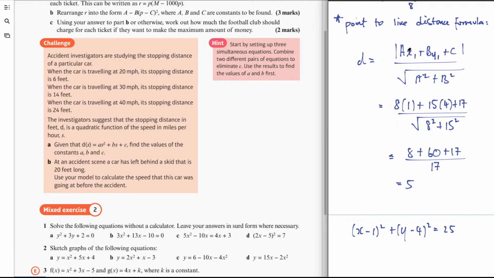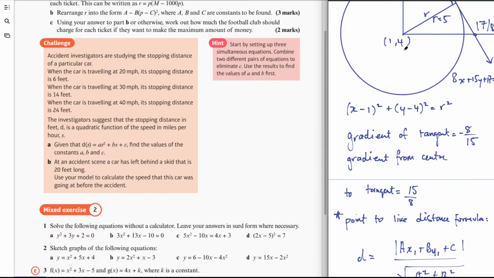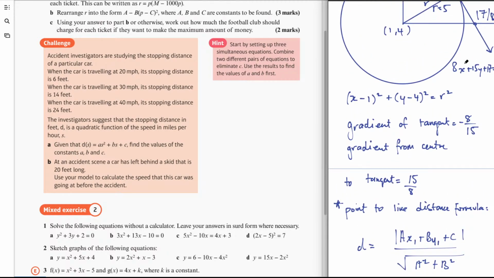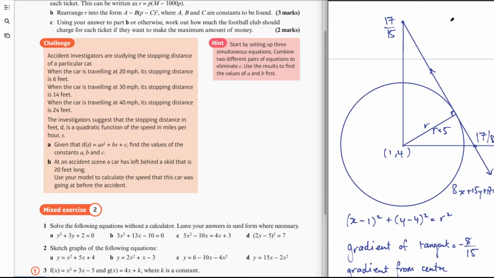So this is this line with this point plugged into it. Oh, of course.